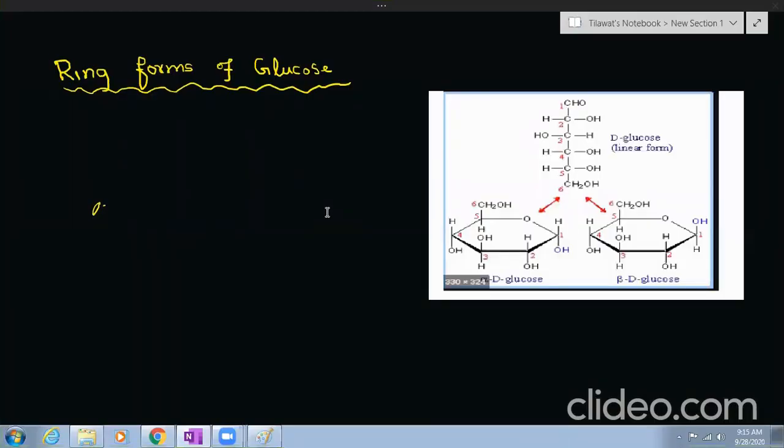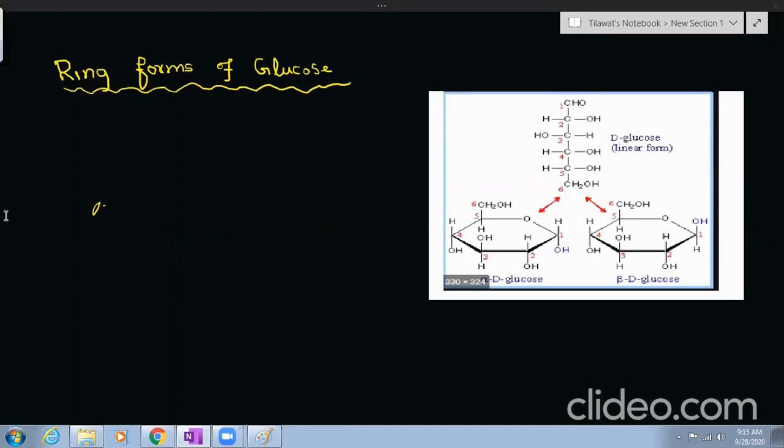Dear students, in today's lecture, we will talk about ring forms of glucose. This is glucose, and the structure of glucose is straight, linear. But in the more stable form, when it is in solution, it is in ring form.